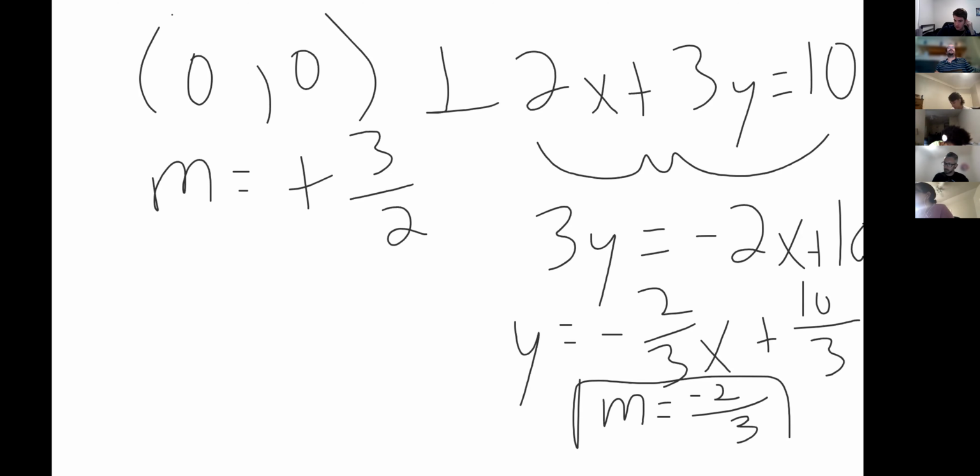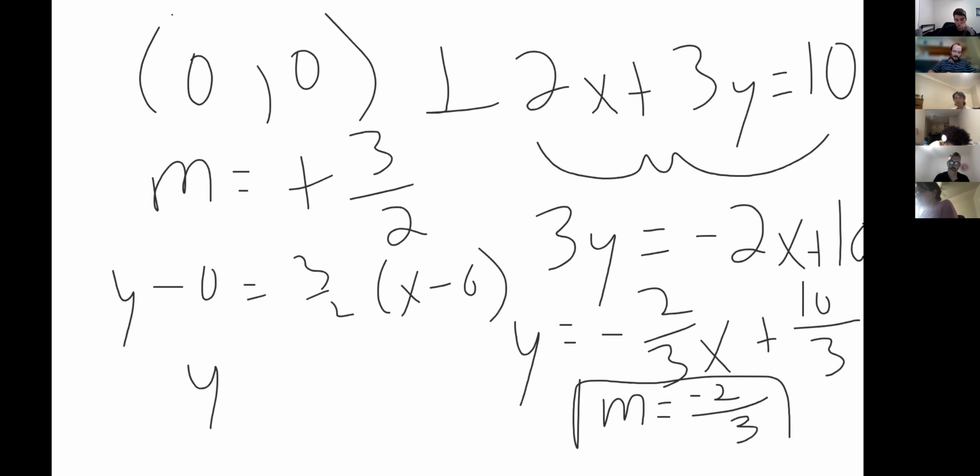Can we find an equation? They give us the origin, it's 0, 0. It's not too hard. What's my equation? If you want to throw in your zeros, you can. You could probably just go directly to slope intercept as well. I think the hard thing here was finding the perpendicular slope.